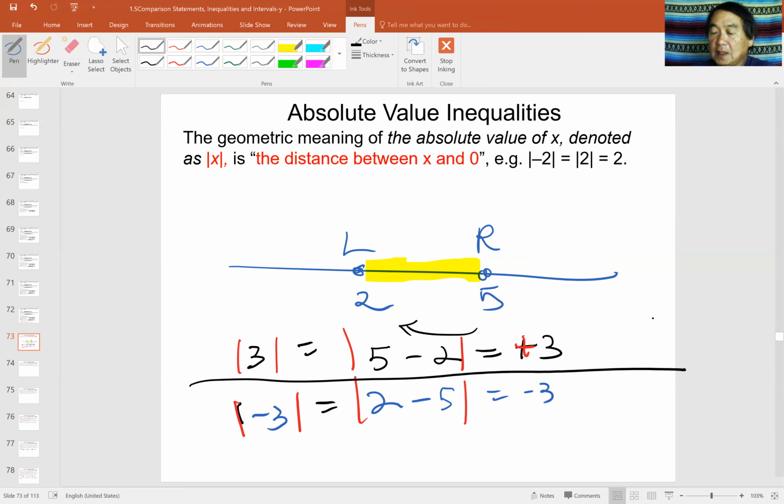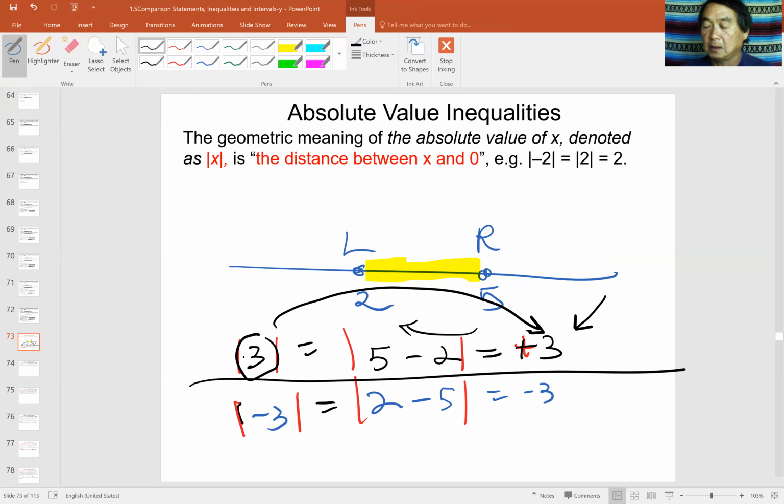In the case of 3, no problem, because it's positive, I just take it as is, just take it out of the absolute value sign. Hence, the rule is if x is positive, bigger than 0, the absolute value of x will be just itself. But if what's inside the absolute value is a negative number, then we make it positive.